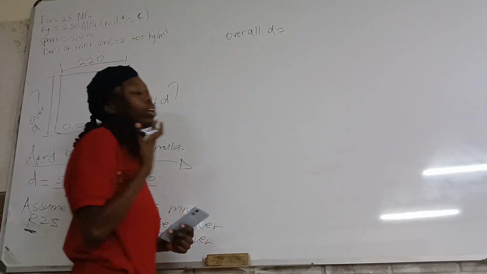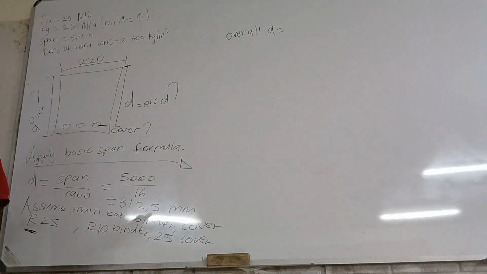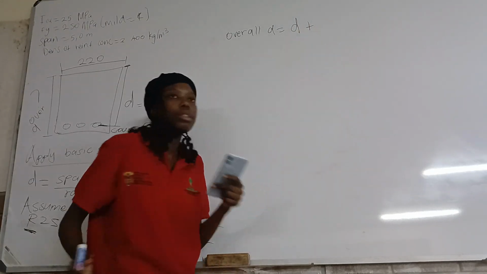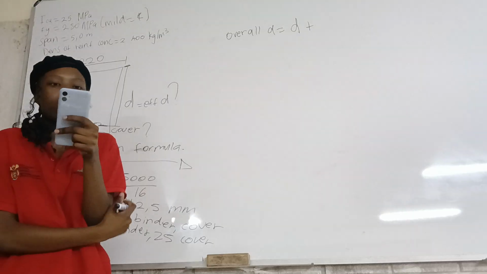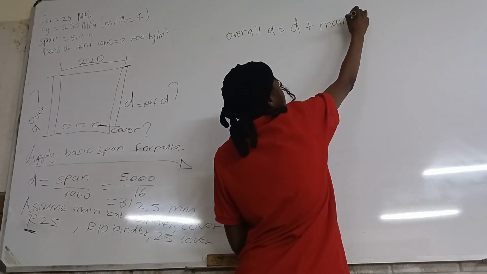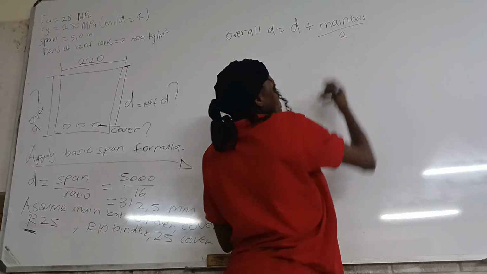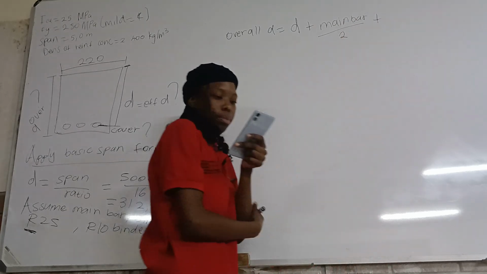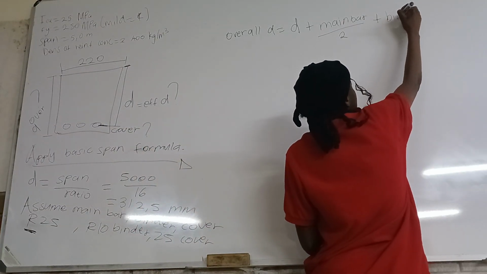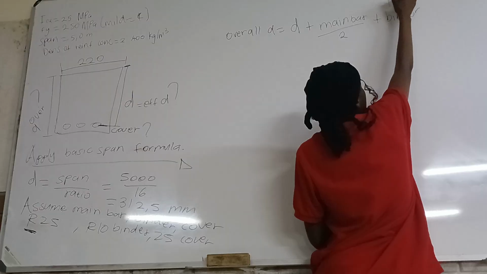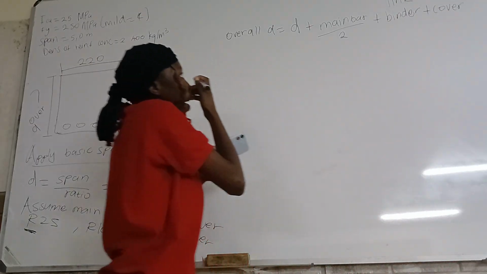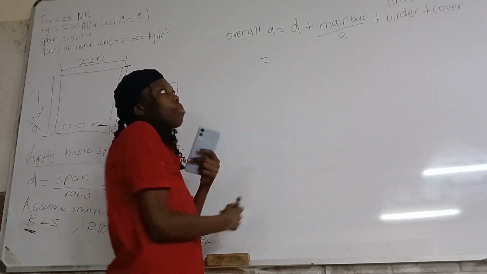The formula for overall depth is D, which is the effective depth, plus the main bar of tension reinforcement divided by 2, plus the link, which is the binder, and then plus the cover. So we have the effective depth. What is our effective depth?